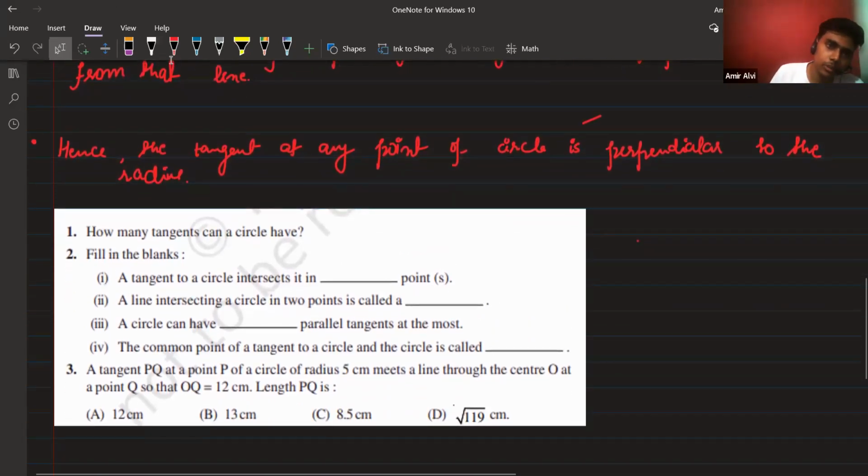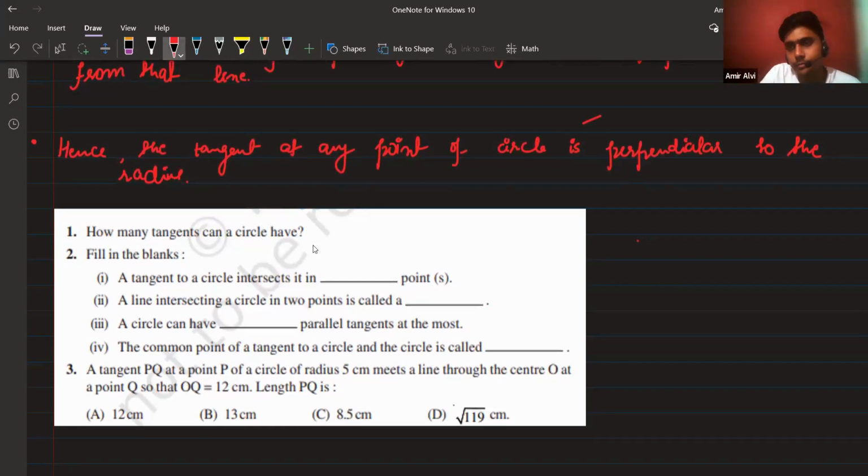Okay, so let's come to this. How many tangents can a circle have? Everybody? One. Okay, he said one. What about others? Karishma, Adil, Abdullah. Abdullah said one.